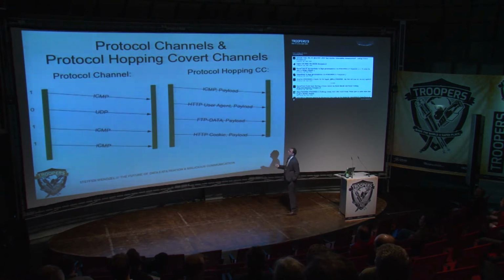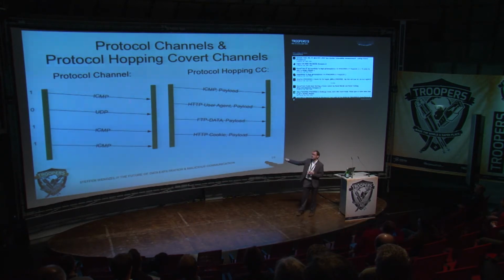And the protocol channel, on the other hand, is independent from the used protocol. So you can use every protocol, but you hide payload in it. And you put a control protocol in the covert channel that takes care about the reliability and so on.